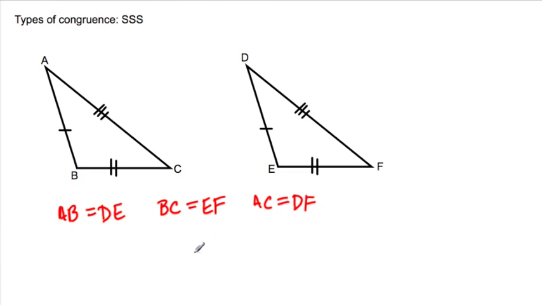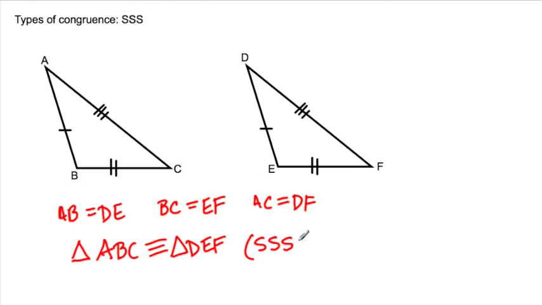If I want to state that these two are congruent, I would say triangle ABC is congruent to triangle DEF because of side-side-side congruence.